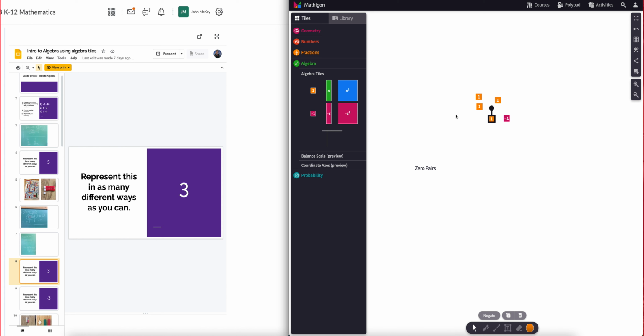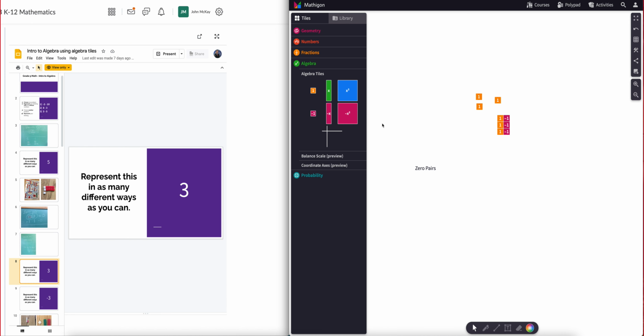But all you're doing is building different addition and subtraction statements, where those are zero pairs. 1 minus 1 is 0, and then you're still left with just the 3. You could do this forever. You could build as many zero pairs as you want, and that's still 3.